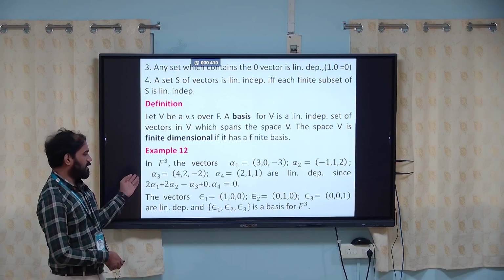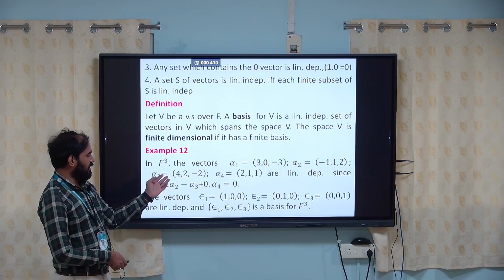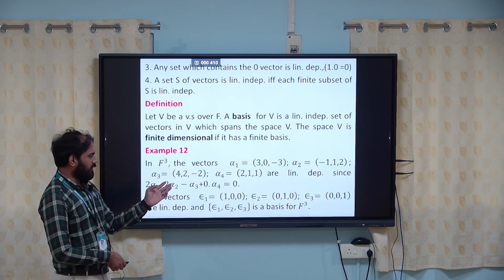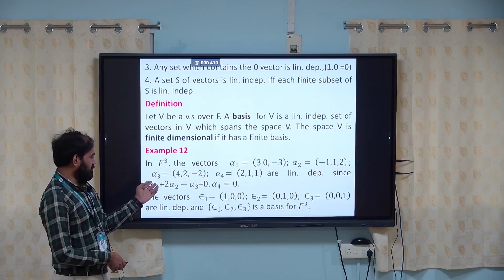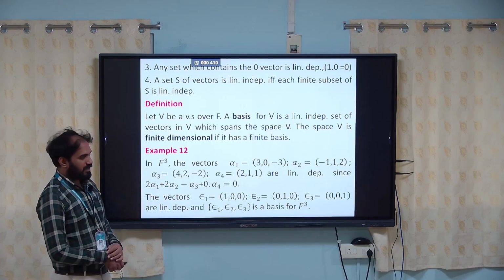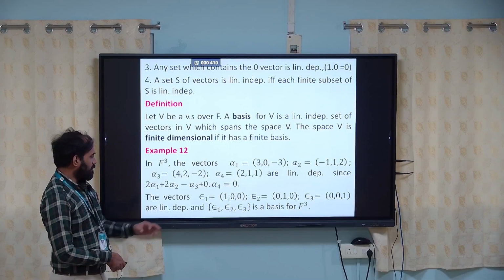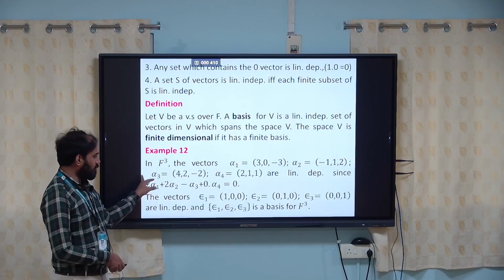In this example, I am considering F3. The first vector alpha 1 is (3, 0, -3). The second vector alpha 2 is (-1, 1, 2). The third vector alpha 3 is (4, 2, -2). Alpha 4 is another vector (2, 1, 1). These are linearly dependent vectors, since I am considering a linear combination equal to 0. I am calculating this linear combination value.